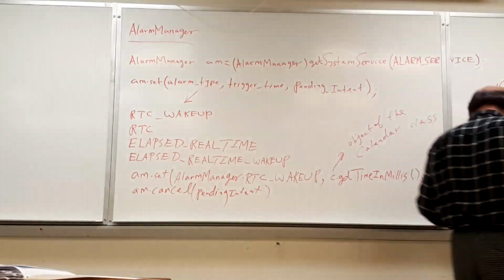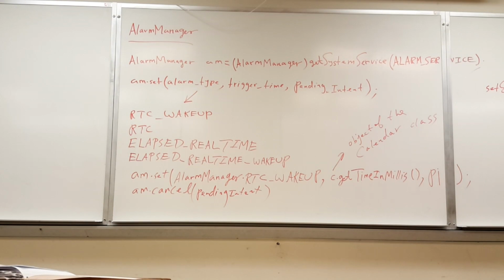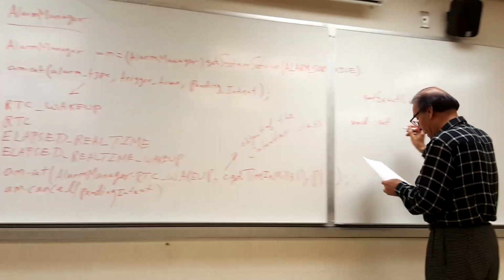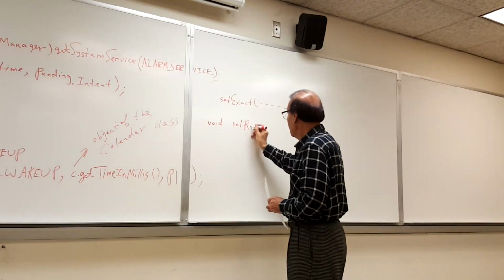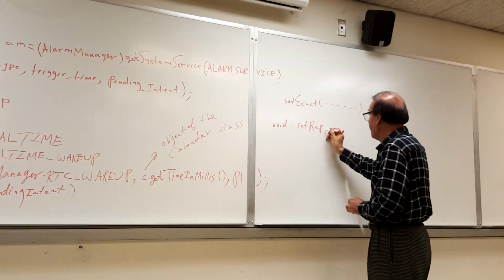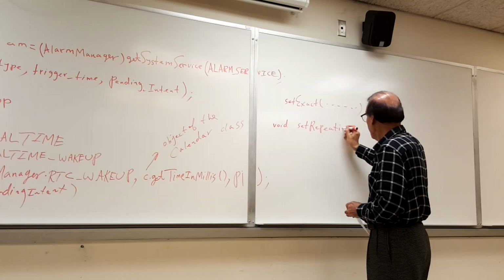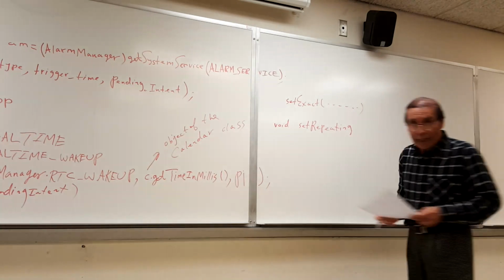So to make the alarm go off repeatedly at a specified interval, we are doing this. The method that we are using is void set repeating.